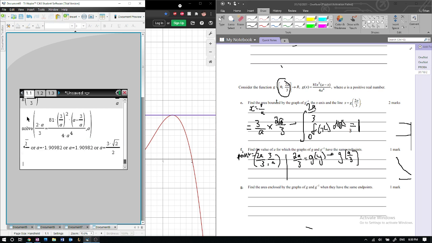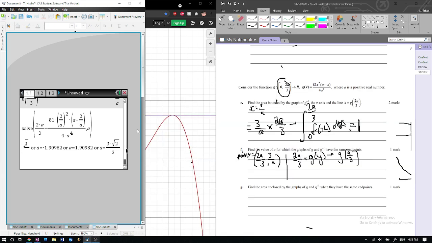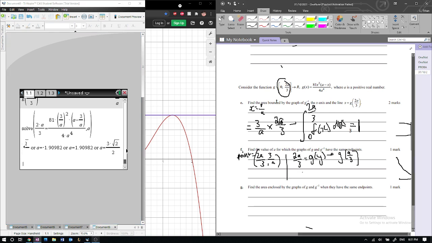These two are both answers, but VCAA specified that it needs to be in exact values. Well, they didn't say exact value, but they didn't say decimal, so I would just use the exact value one and not the decimal one. I don't know why there's a decimal one, but just don't use it. Okay, so there we go. We know that a is equal to 3 root 2 on 2. They have the same endpoints.